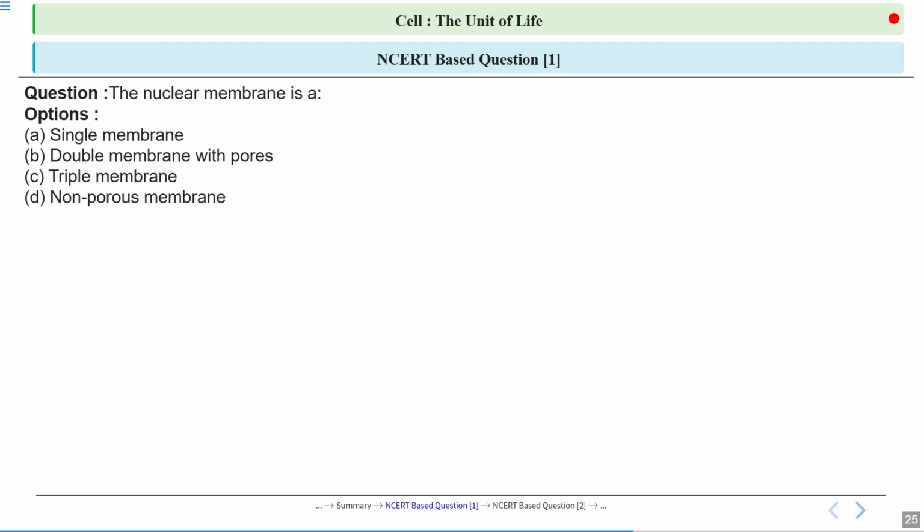Now let's discuss some NCERT based questions. So the first question is, the nuclear membrane is a, what are the options?